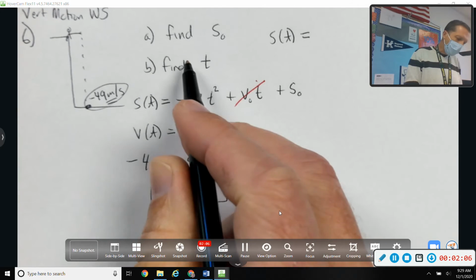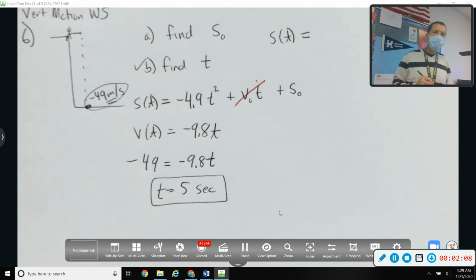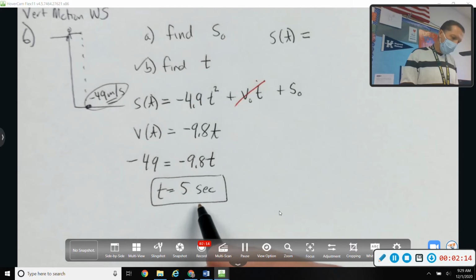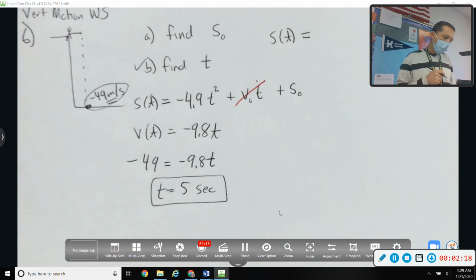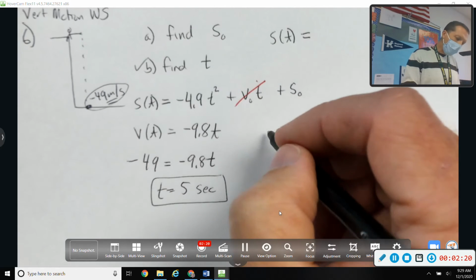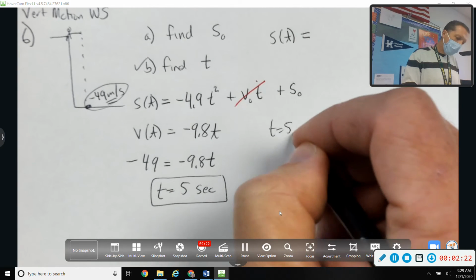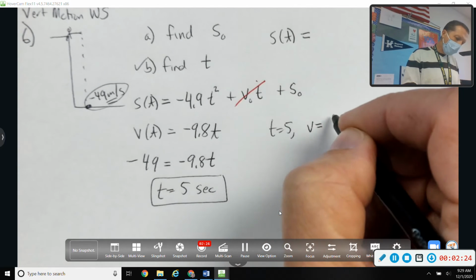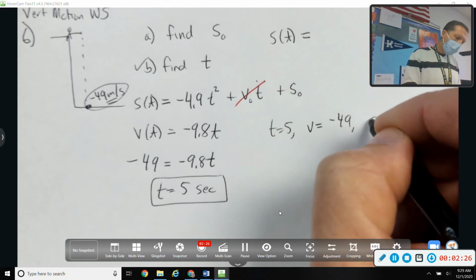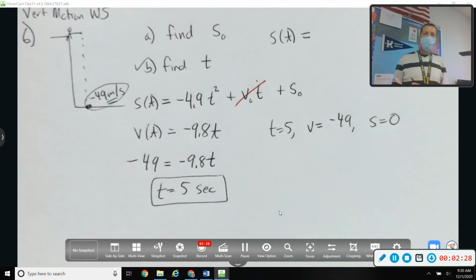That was question B. And we need to find S0. So we need to figure out that distance that it traveled. Well, we know at t equals 5, v was negative 49, and s was 0, because that's where it hits the ground.